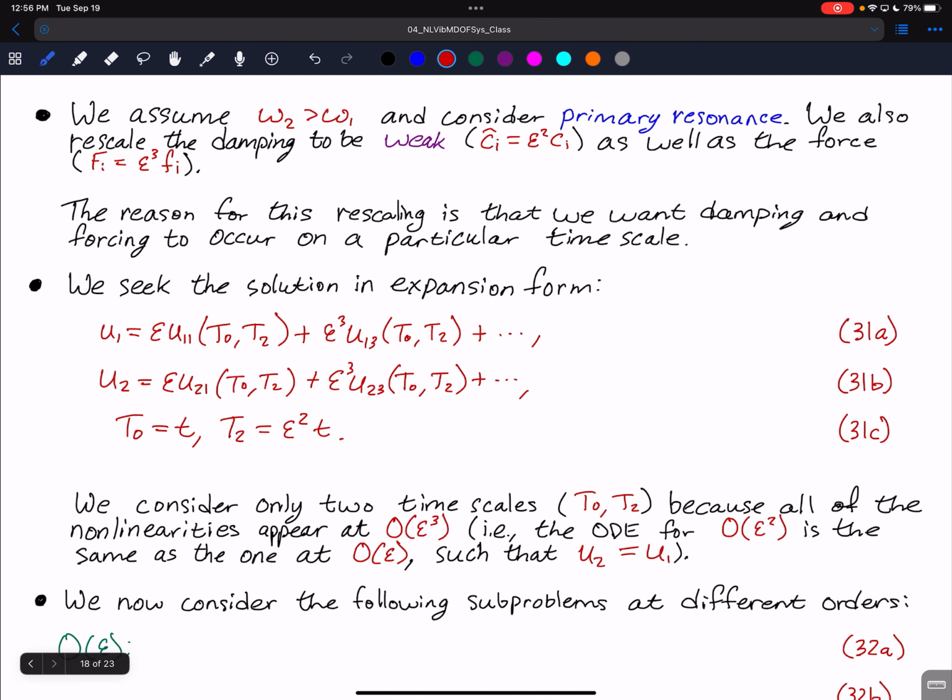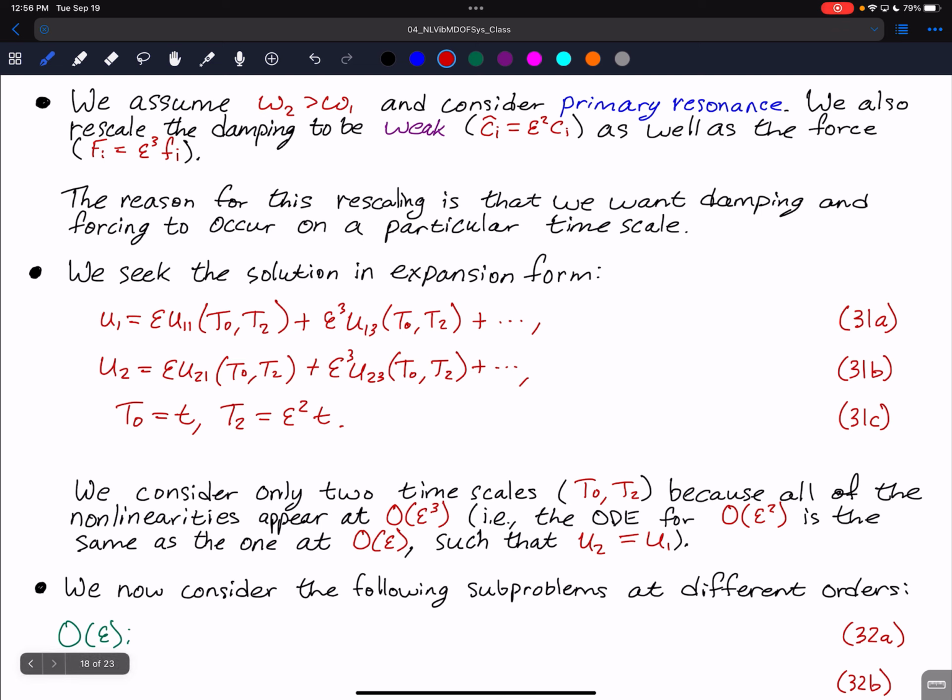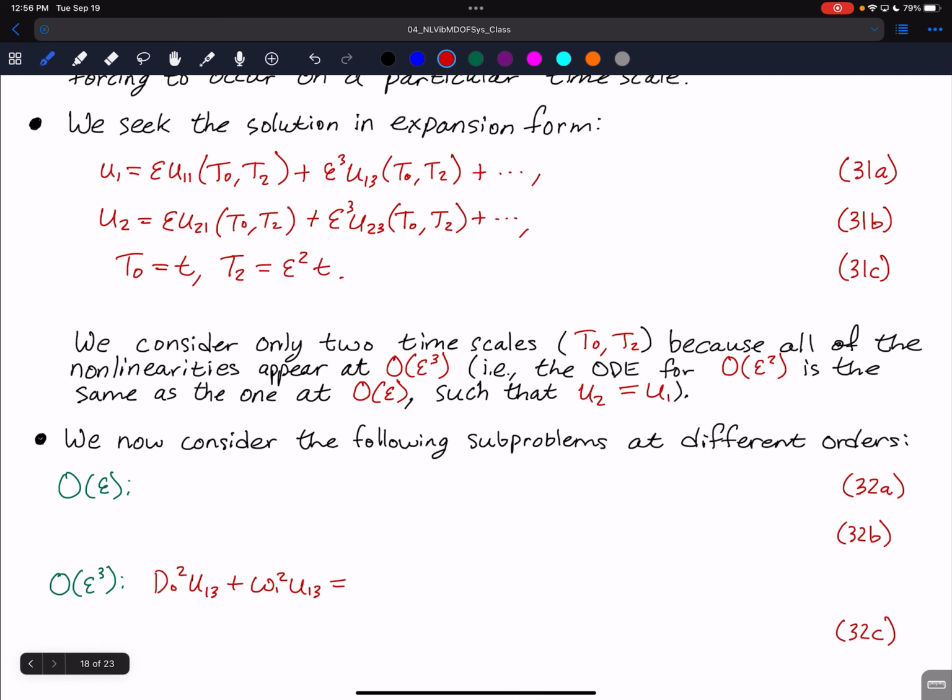Okay, so we're going to do an expansion just like we did previously. We're going to expand into specific orders as shown here.